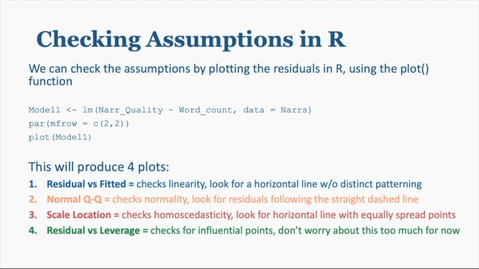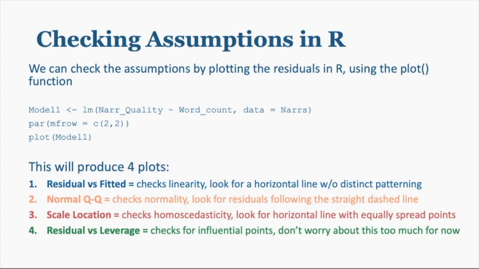And then we're going to call plot on our model object. So plot, and then inside the parentheses, we have our model. This is going to produce the four plots that you just saw: the residual versus fitted, the normal QQ, the scale location, and the residual versus leverage. The residual versus fitted, that first one, checks linearity. You want to look for a horizontal line without any distinct pattern in the dots. The normal QQ checks normality.